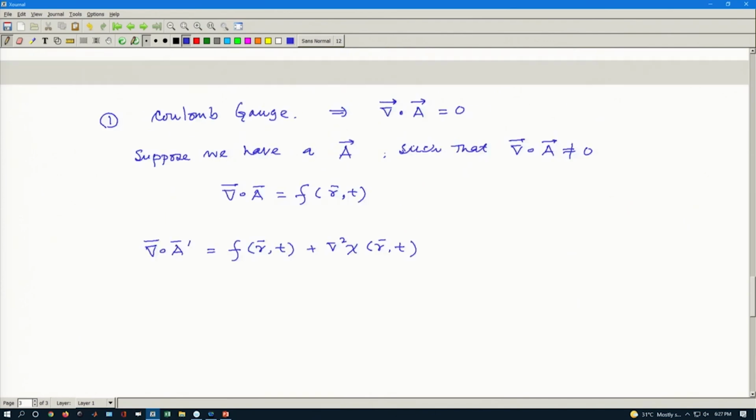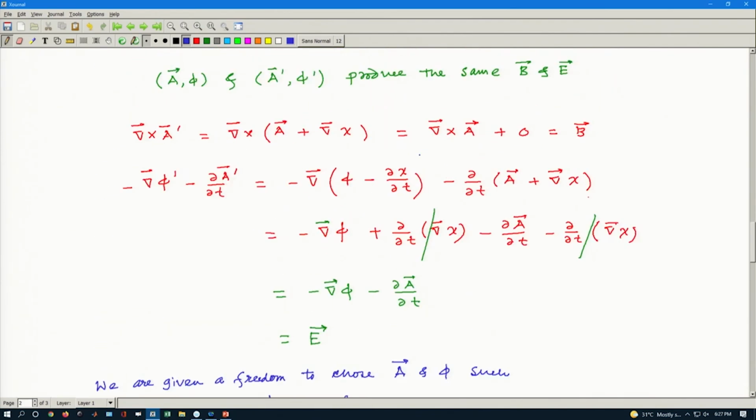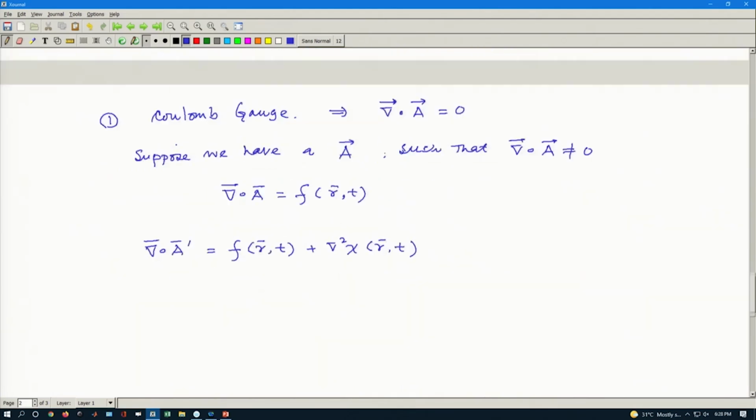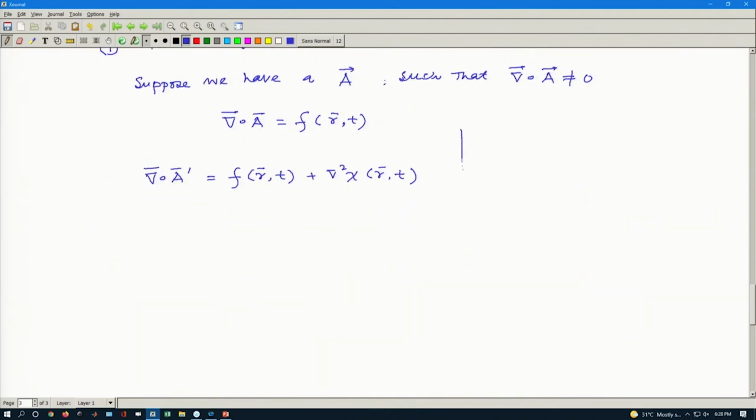So this is the strategy, because I can have my A in this way. Now I make a divergence on both sides of this. I can always have, so let me write it here, my A prime as A plus this, which will produce the same B.